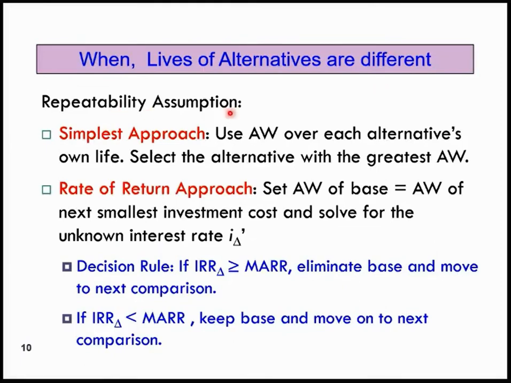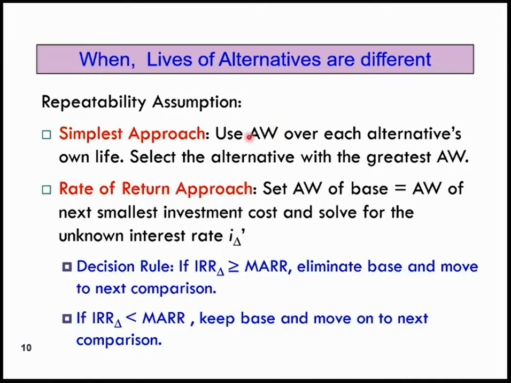The other situation is when the useful lives of the alternatives are different, and they are different from the study period. For this one, if the repeatability assumption is valid, then the simplest approach is to use the annual worth, as I explained in the previous example.